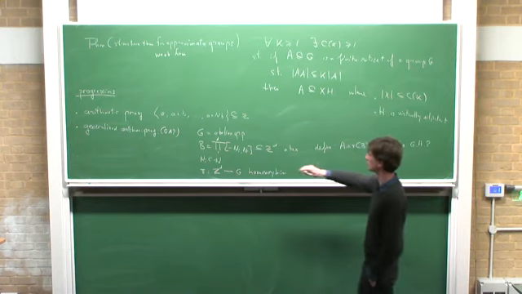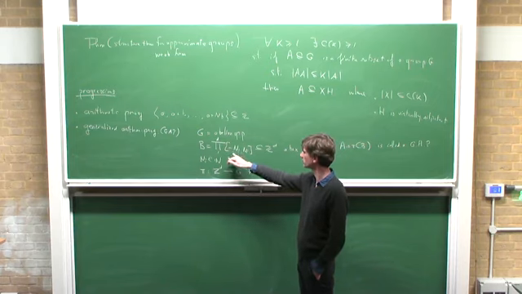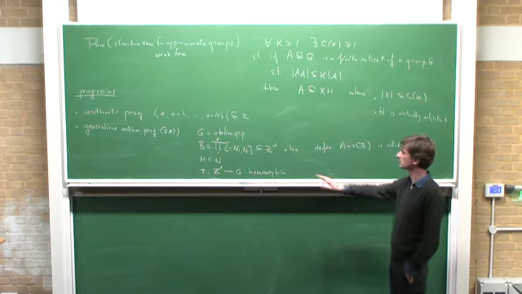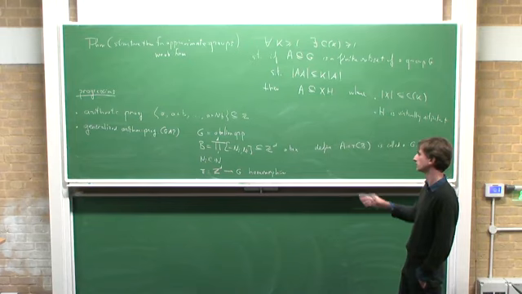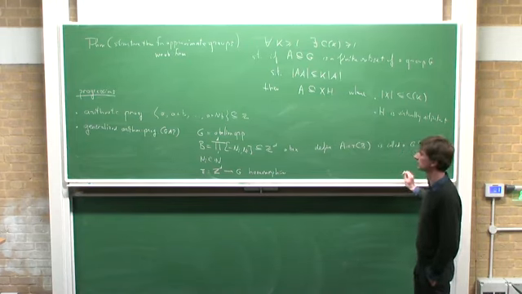Sometimes people say centered generalized arithmetic progression because it's centered around 0. You could also translate it and also call it a generalized progression, but for me, I would take just this definition.